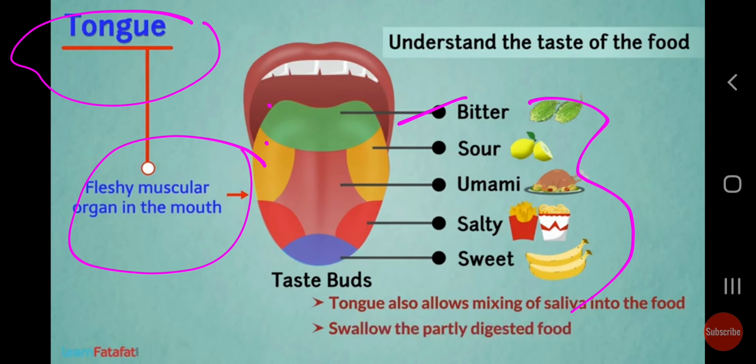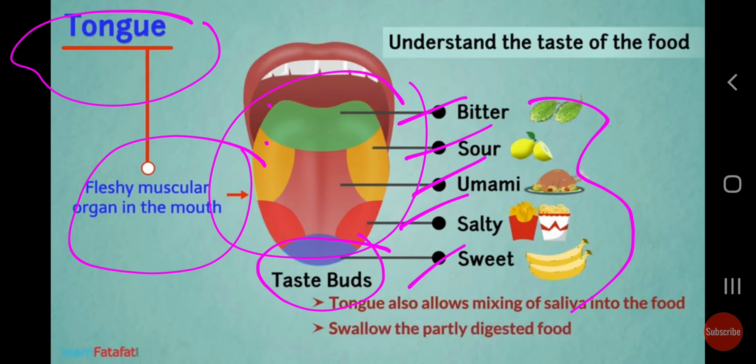So all these five different tastes can be identified by different regions of the tongue as given in the picture, and this is because the tongue has taste buds which can identify these five basic tastes of the food. Tongue also helps in mixing of saliva in the food, and it also helps in swallowing of partly digested food.